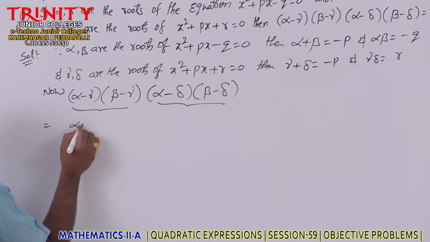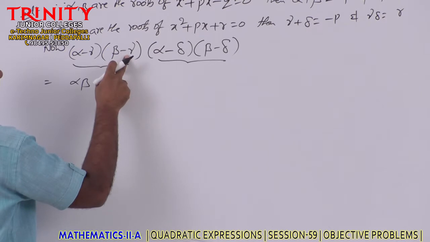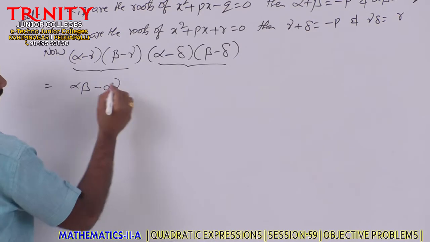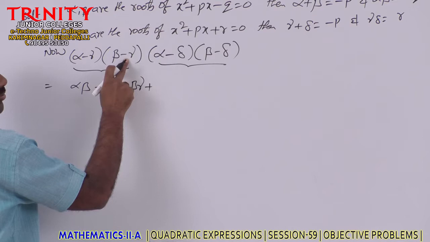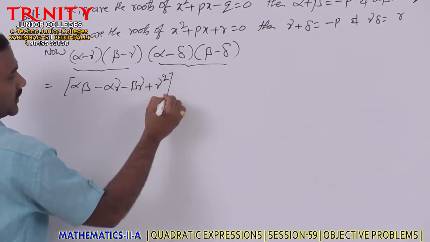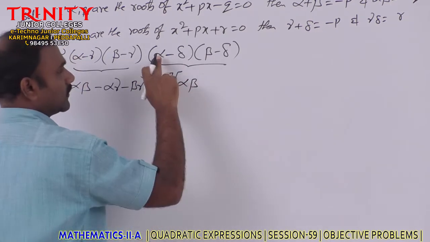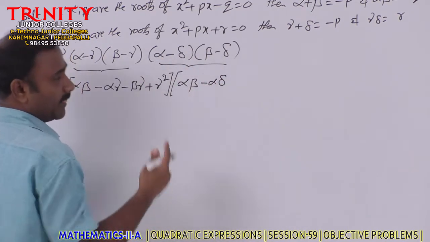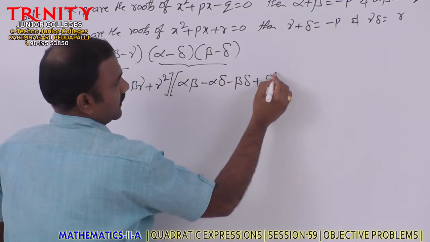Alpha into beta minus alpha into gamma minus gamma into beta, plus minus gamma into minus gamma, that is gamma square. Into alpha beta minus alpha into delta minus beta delta plus delta square.